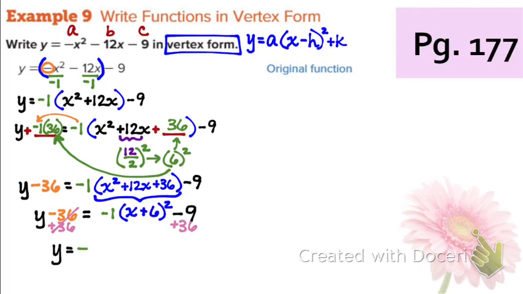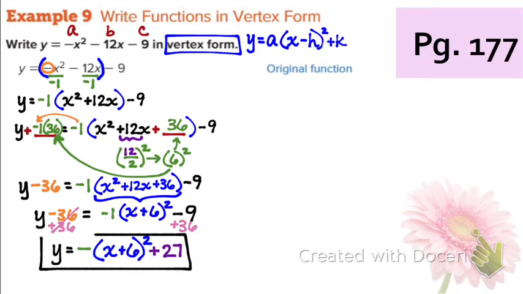Sometimes you'll just see that written as just a negative sign. Sometimes they'll put the -1, same exact meaning. What is -9 plus 36? 27. Positive 27. Here it is in vertex form.